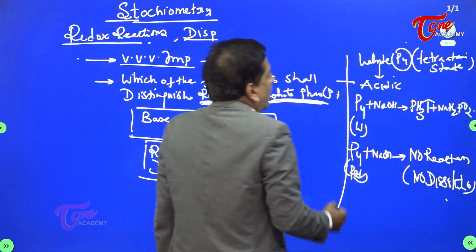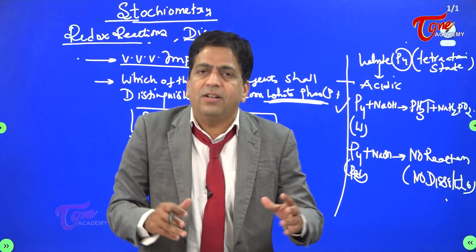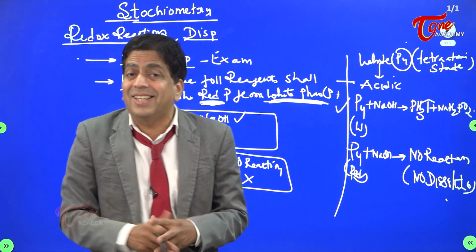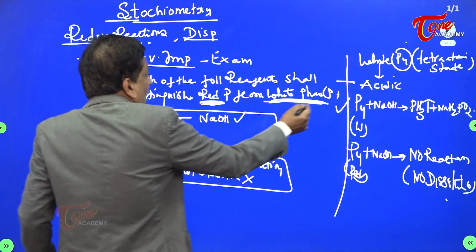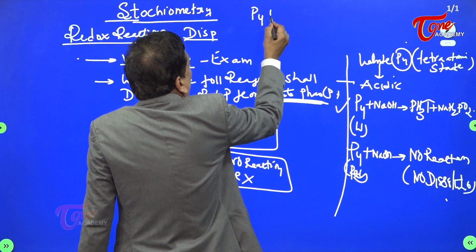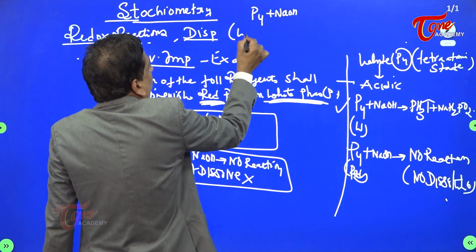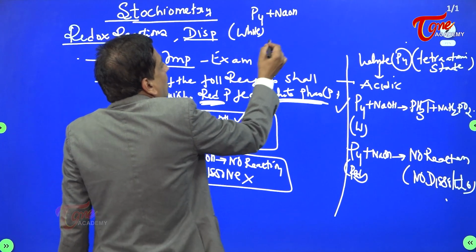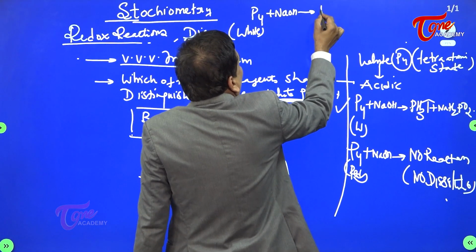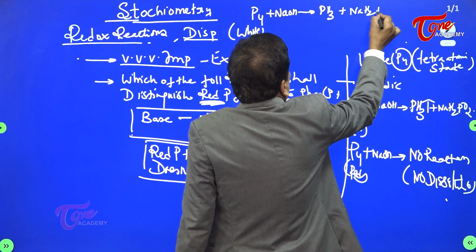You must understand. Why am I discussing this at this juncture? Look at this reaction you're writing: P4 plus NaOH, and this must be white phosphorus, because red doesn't react. This gives PH3 plus NaH2PO2.